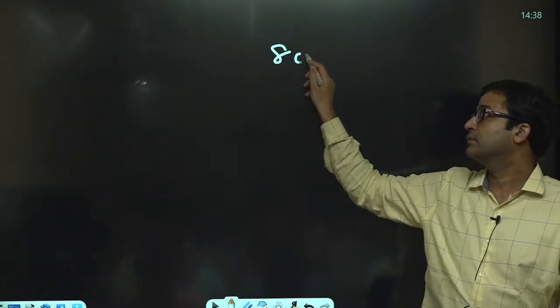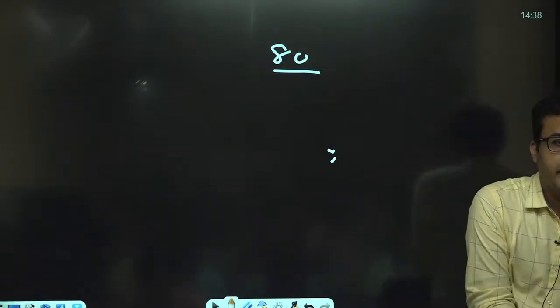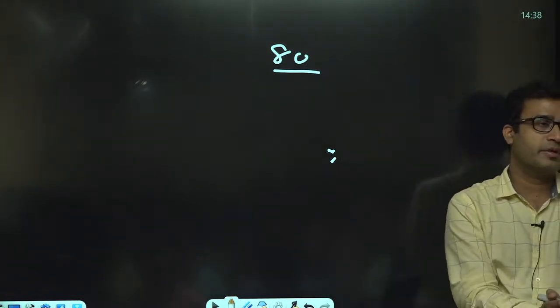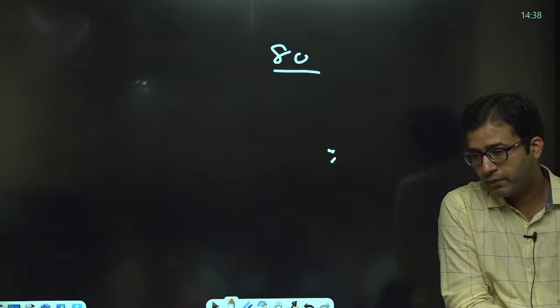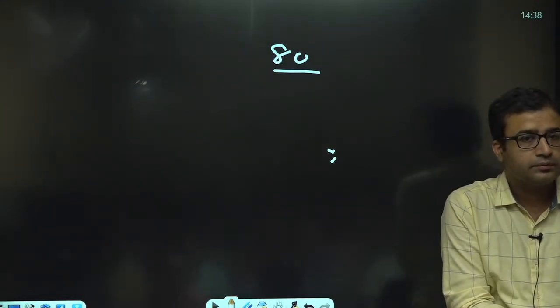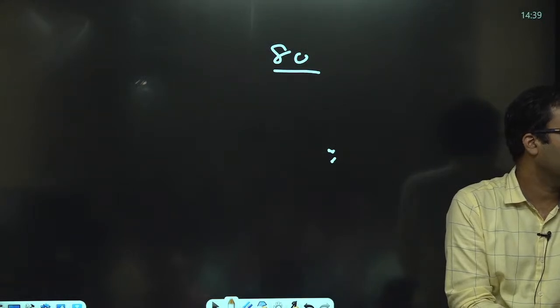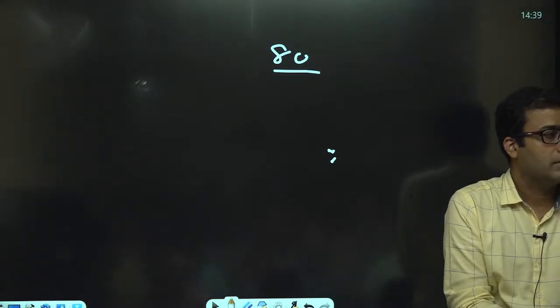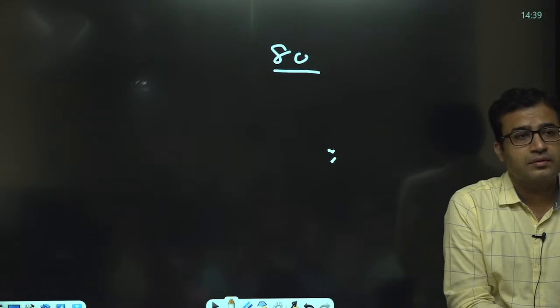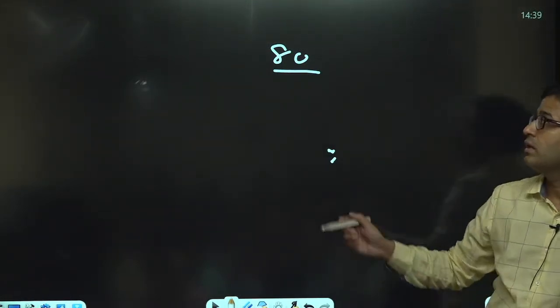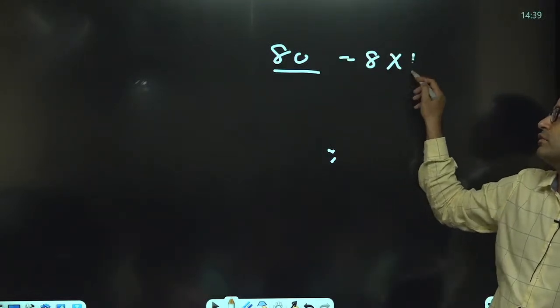80. Either with the school method or directly, tell me what the prime form is here. 2 to the power 4 into 5 to the power 1. Suppose you have taken 8 into 10.